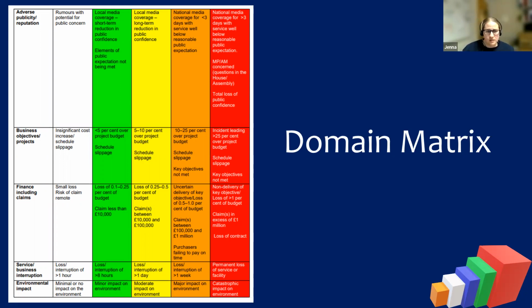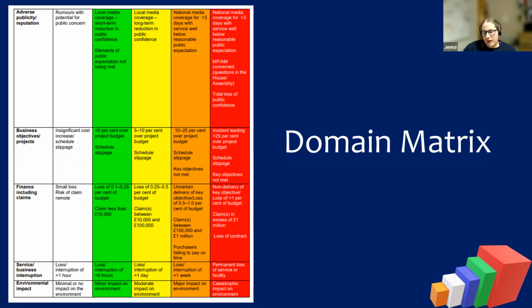benefit. And when we think about small loss or risk of claims, it might be that a patient's come into the department and when they've gone back home, they've found that their glasses have been missing. It might be that there is service business interruption.